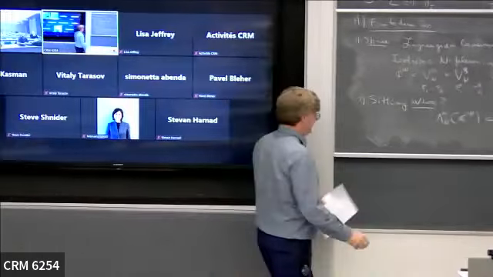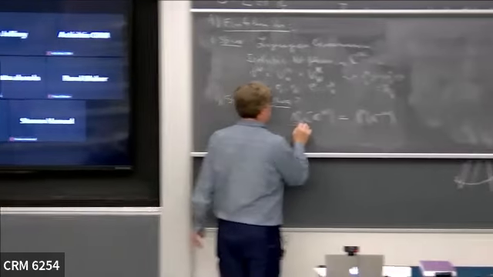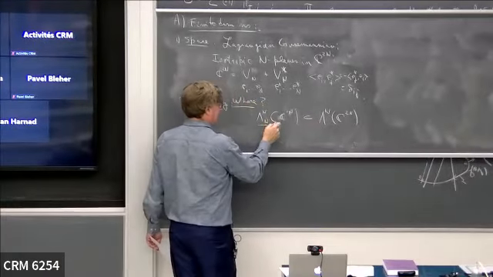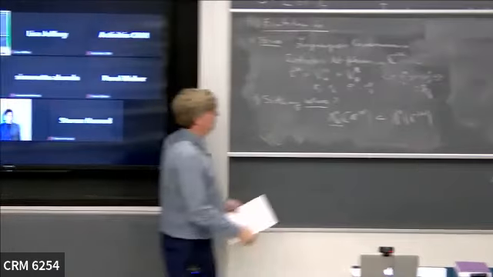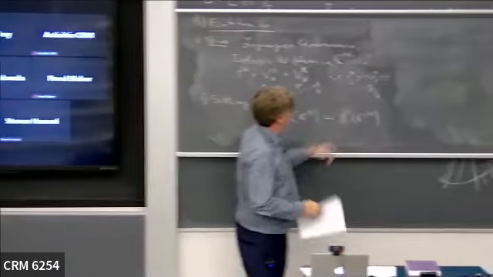And what is this? It's the planes that are killed by the symplectic form, because you've got a skew form. It's defined by this.